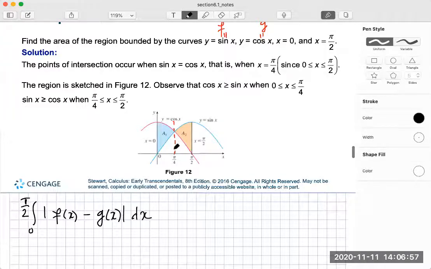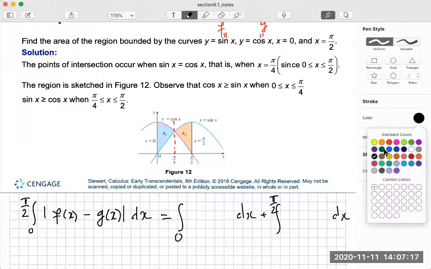So from the picture here, can we separate the integral from 0 to pi over 2 into the sum of two integrals? And what is it?